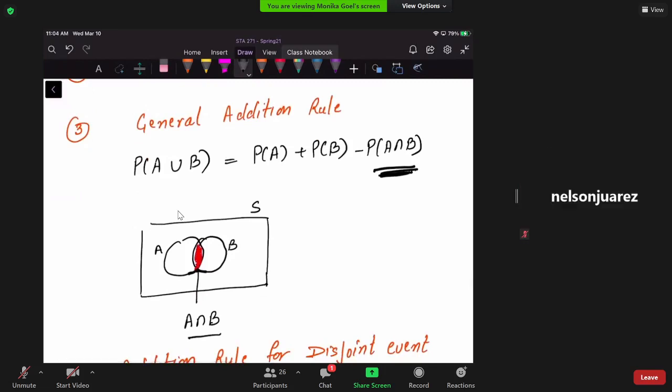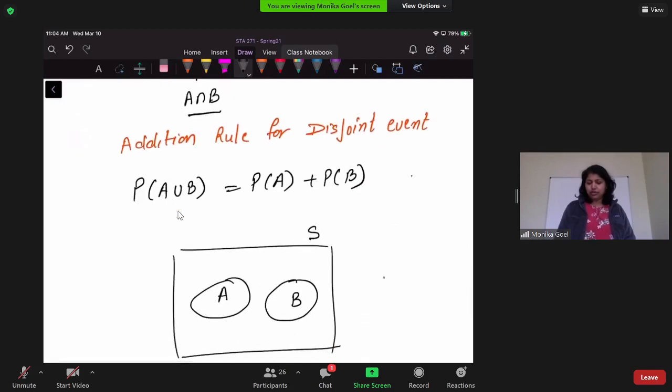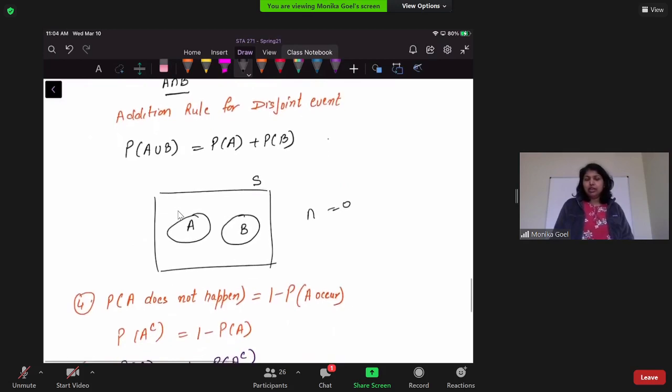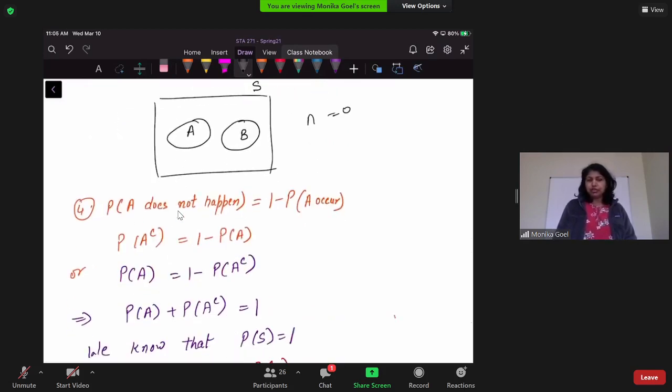And this intersection is 0 if you work with disjoint events because there is no intersection. And when there is no intersection, this part turns out to be 0 and you will just get the sum of the two events.